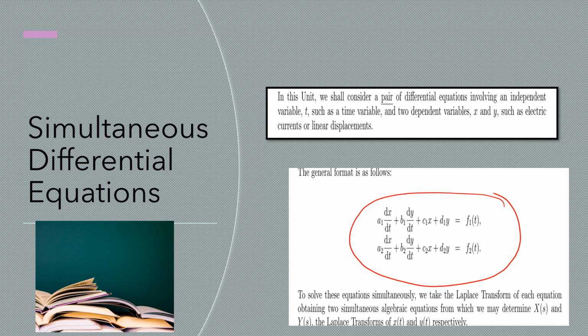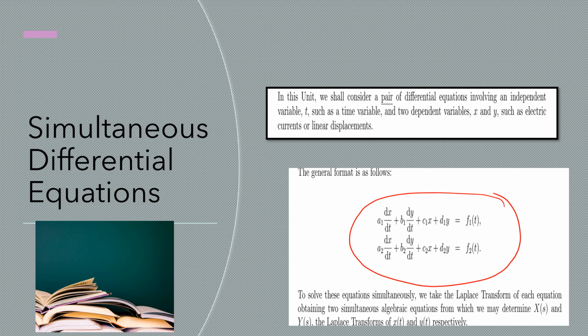When we are trying to solve these equations, there are two things we should remember. One, we are going to make use of the Laplace transformation initially. Once you use the Laplace transformation for both these equations, the x of t, y of t, and their derivatives, second order, first order, all of these can be converted into functions of the form x of s or y of s. These are the transformed functions.